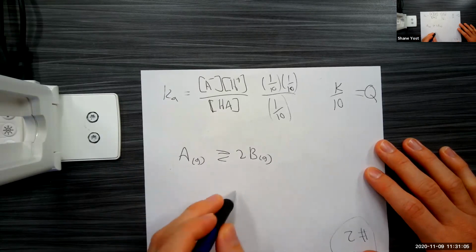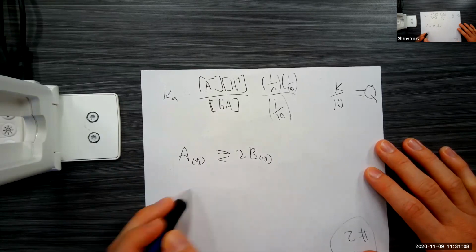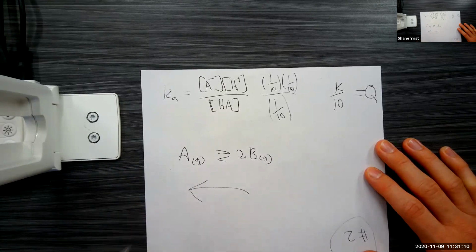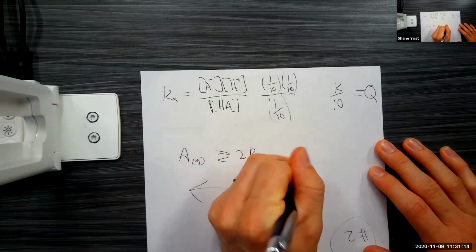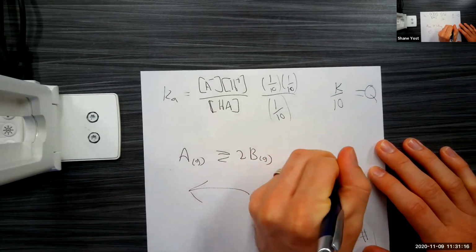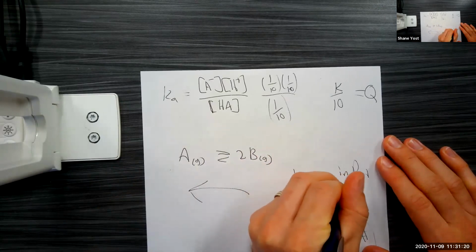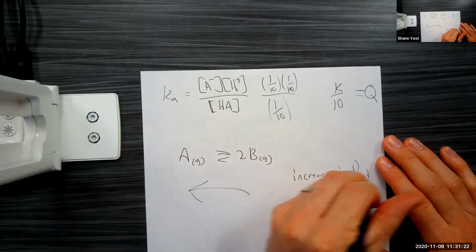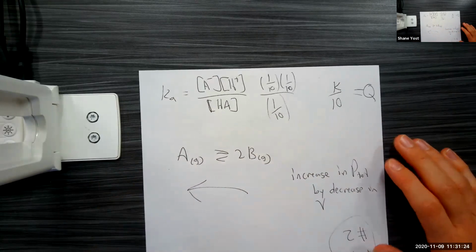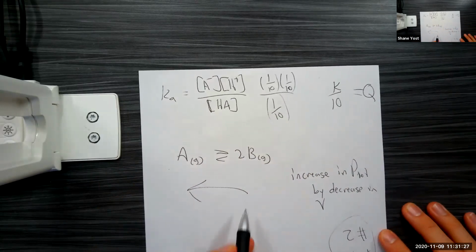In order to re-equilibrate the chemical potentials, I'm going to form more of A. So this is for an increase in total pressure by a decrease in volume. That's going to shift this reaction to the left.